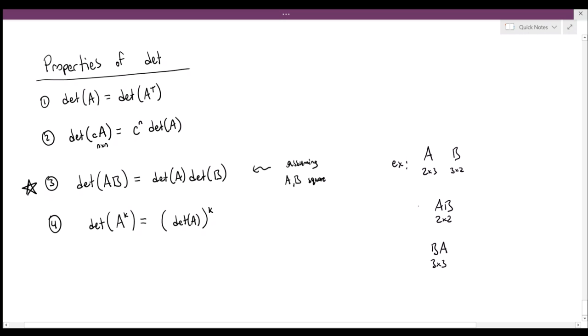So in theory, since both AB and BA are square, you could compute the determinant of both of these products. But you cannot say that it was equal to determinant A times determinant of B, because the determinant that we found only works for square matrices. And it turns out that in a situation like this, it is not always the case that the two would equal each other.